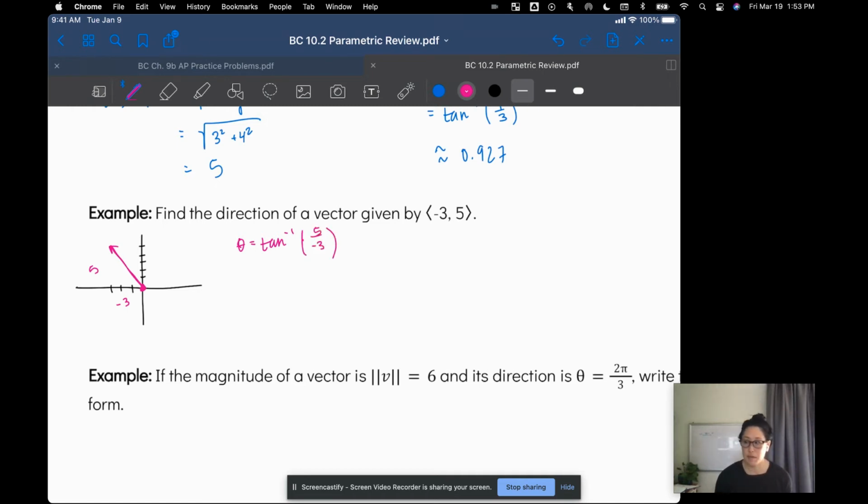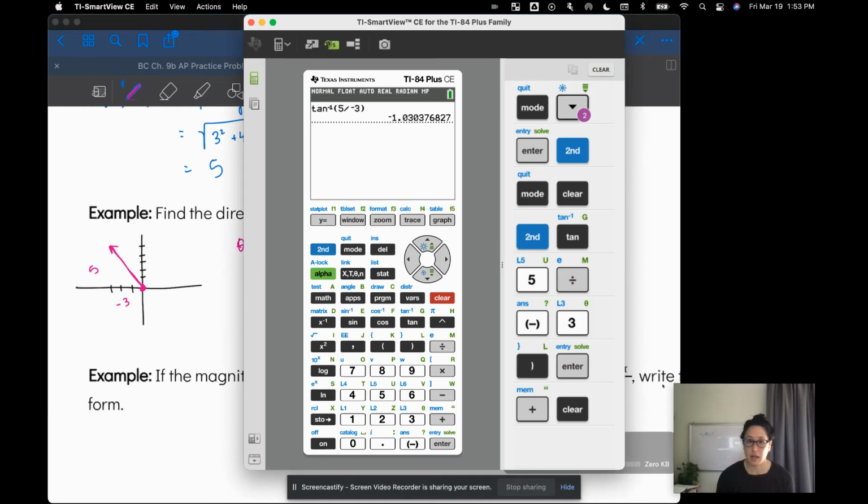I went ahead and typed that into my calculator, and I got just about equal to -1.030. Remember, this angle right here is facing into the fourth quadrant. So to get the value of our angle in the second quadrant, we need to add pi.